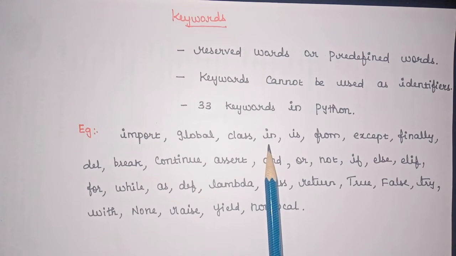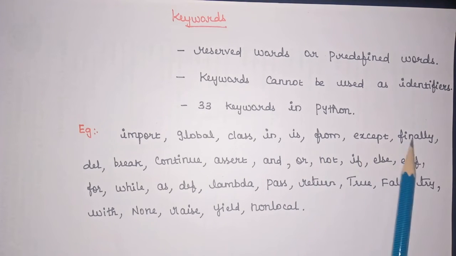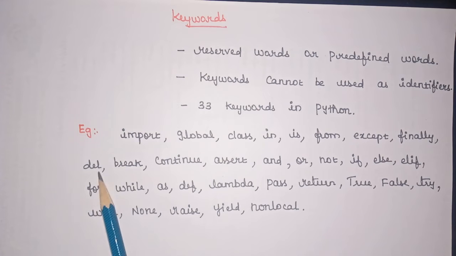Then there are keywords like in, is, from, except, finally. del is for deletion, then break, continue, assert, and, or, not, if, else, elif, for, while, as, def for defining a function, then lambda, pass, return. All these are keywords in Python.